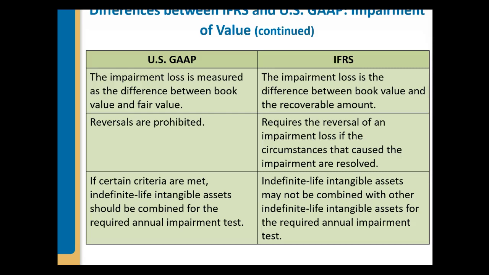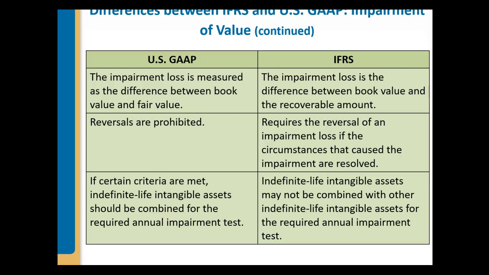The recoverable amount is the higher of fair value less cost to sell and value in use, which is the present value of the estimated future cash flows. IFRS requires the reversal of an impairment loss if the circumstances that cause the impairment loss are resolved. Reversals, again, are prohibited under GAAP.